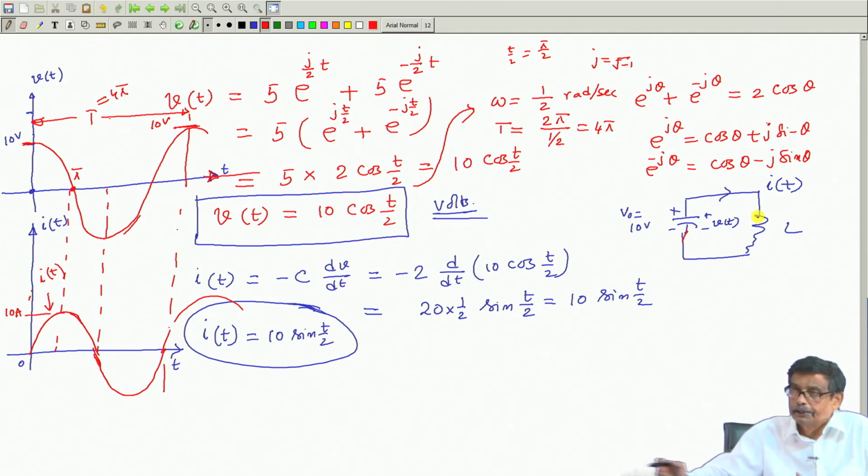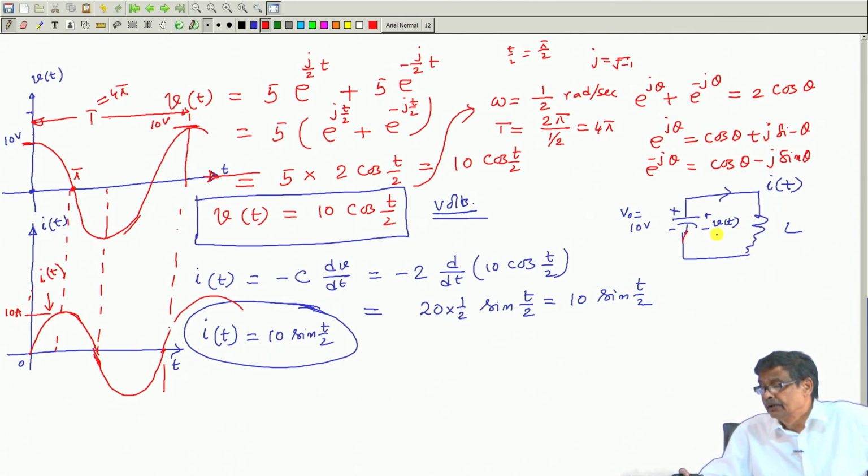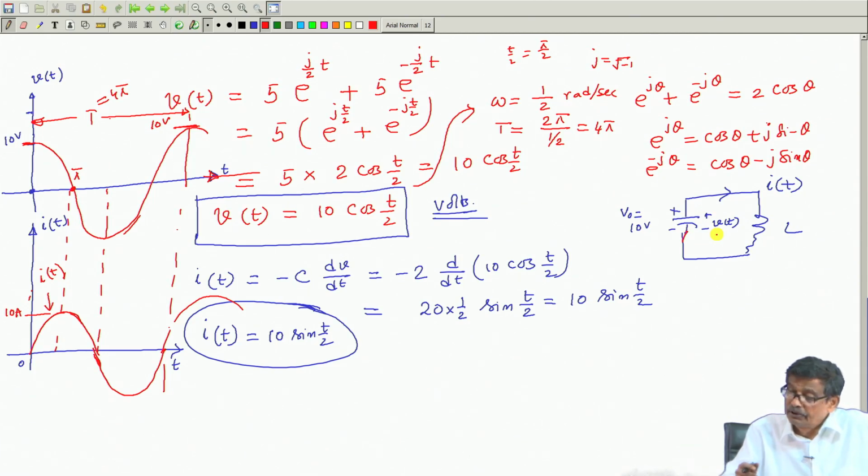There is no decay. Why? Because there are two energy storing elements. That is why you got a second order differential equation, and then voltage and current will oscillate.